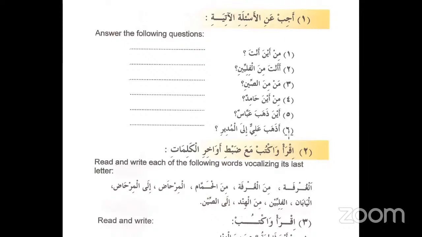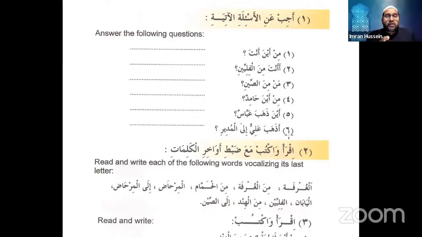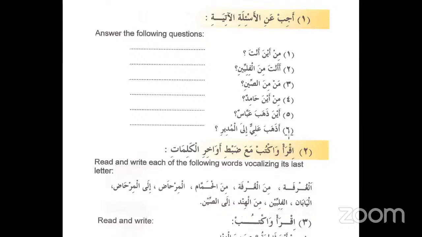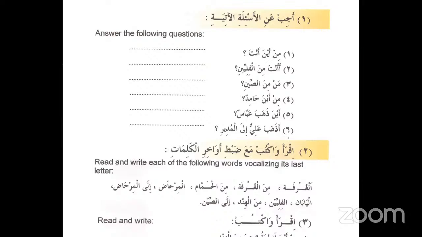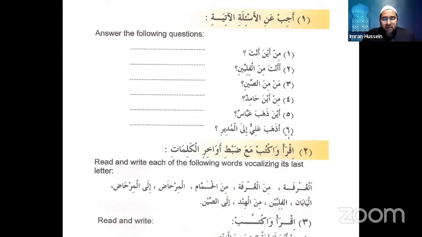Not "fi", it's "ila". And I want you to say he went to the classroom. Dhahaba ila al-fasli. Dhahaba means went toward. Correct.